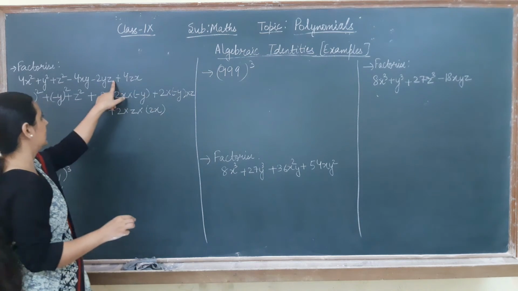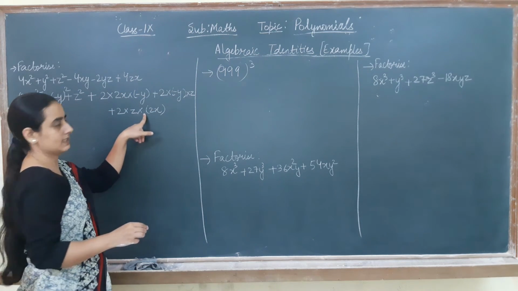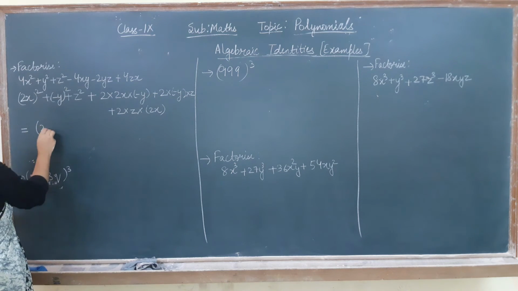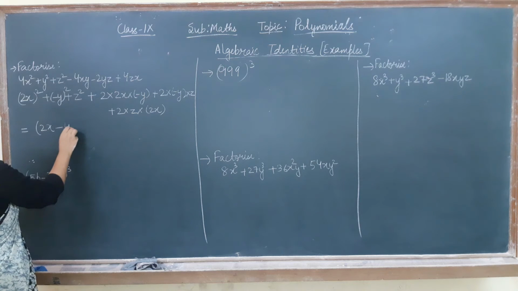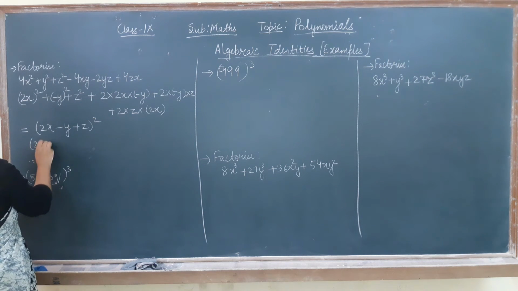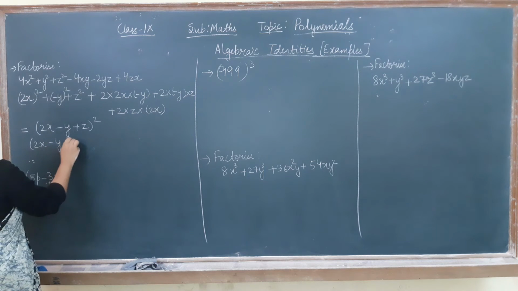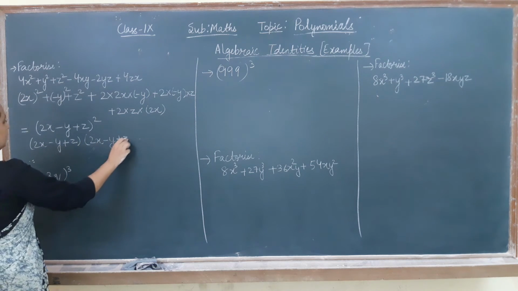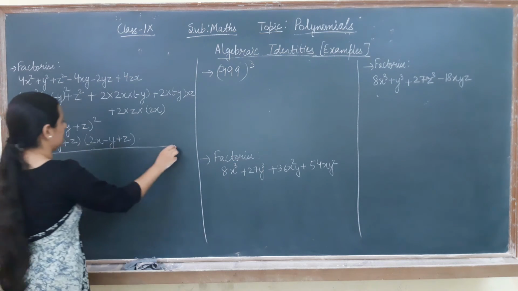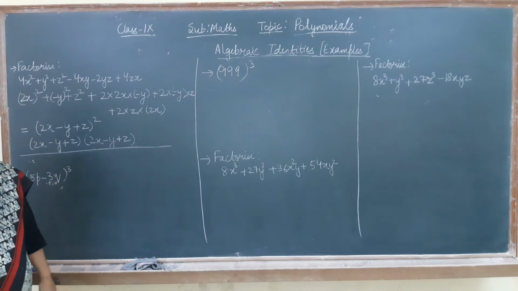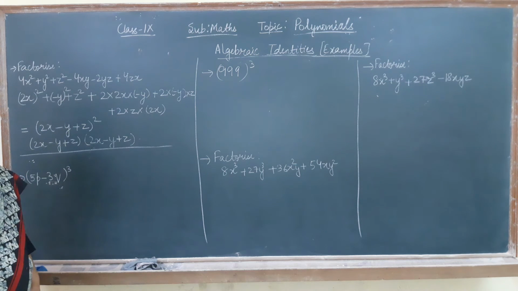Minus 2yz, yes. And 4zx. That means now we can write it in another form, that is 2x minus y plus z whole square. And then I will write it 2 times because it is the question for factorize. So this is my answer. Fine. I hope this concept is clear how we have to find out the negative term.